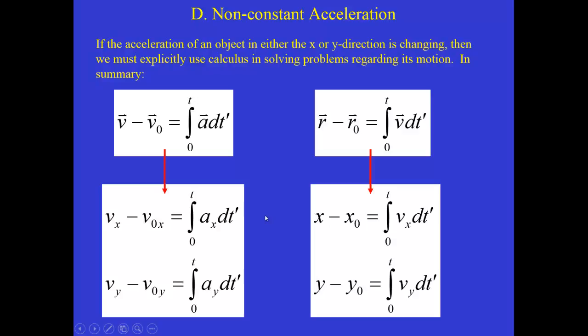I've just used equations here reflecting the case of two-dimensional motion. If you had a third dimension involved, then of course you would have equations for v sub z and also for the component z. So we'll do some examples of this in class, but that's the basic procedure for handling motion problems for objects where the acceleration changes with time.